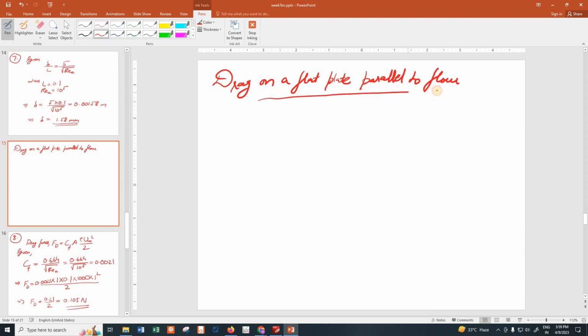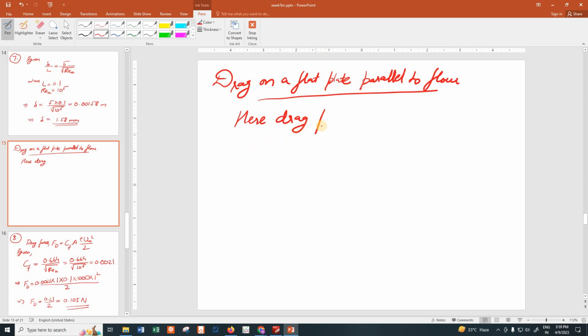So when a flat plate is placed parallel to the flow, here the drag will only be a contribution. Because we are not taking any body forces, and because it is a flat plate, the pressure acts on both sides, so there will be a net zero pressure contribution.